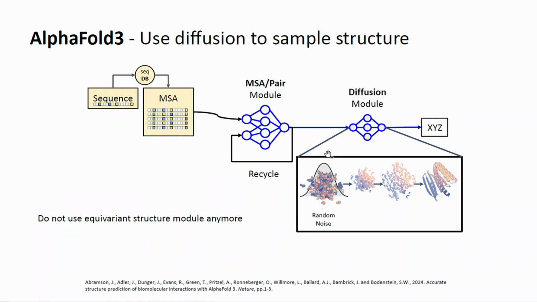Basically, you define the probability path from a random noise in the 3D space, which is a Euclidean space, and you apply this diffusion module, which at each time step predicts where you are heading in the next time step, and by repeating it multiple times, you gradually denoise the structure into the ground truth structure, which is the final prediction.